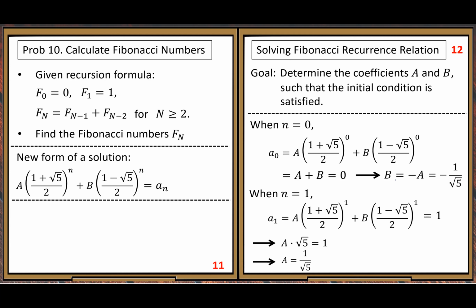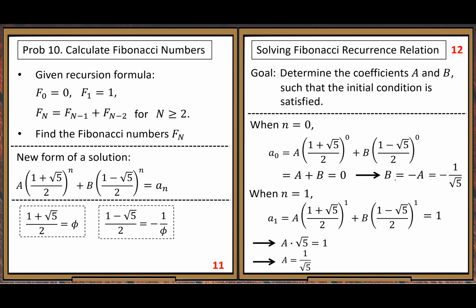So the last step, we can write an explicit formula for our solution completely. Because we defined the golden ratio for this expression, we can use the golden ratio here, and the second part, negative 1 over the golden ratio.